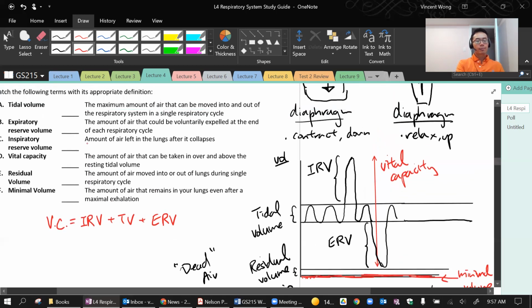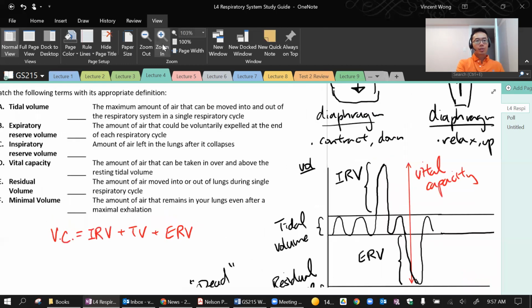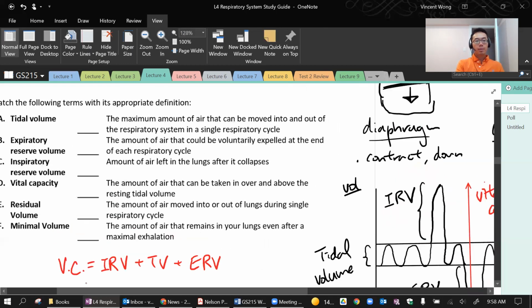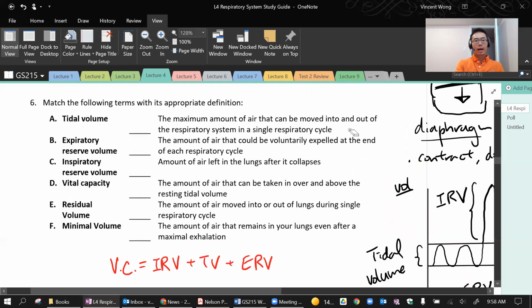So let's go through this here. First one, the maximum amount of air that can be moved into and out of the respiratory system in a single respiratory cycle. As I just explained to you, that would be the vital capacity. It is actually 3 separate volumes added together.